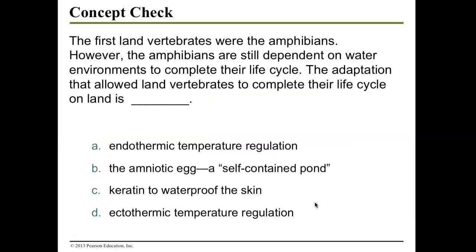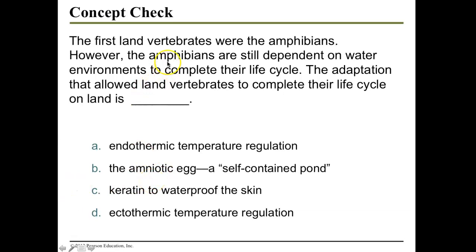And then the last one: first land vertebrates were amphibians. However, the amphibians are still dependent on water environments to complete their life cycle. The adaptation that allows land vertebrates to complete their life cycle on land is, so think about that, B, the amniotic egg, right?